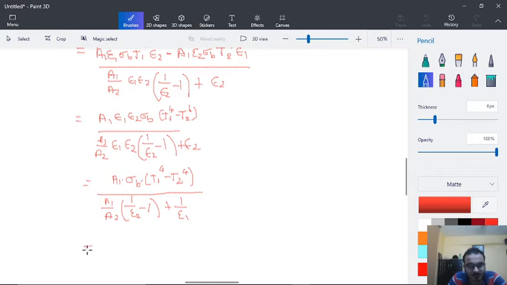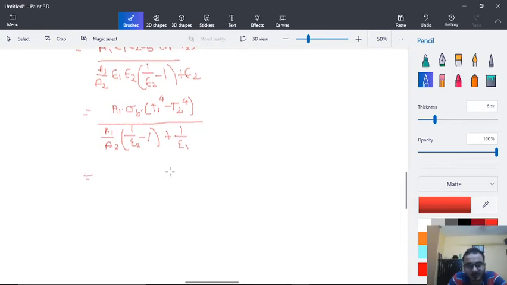And here this will be defined as another interchange factor, that is F122 A1 sigma b T1 raised to 4 minus T2 raised to 4.